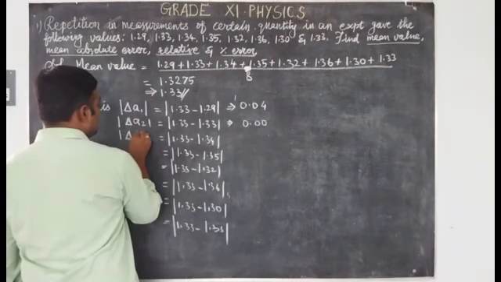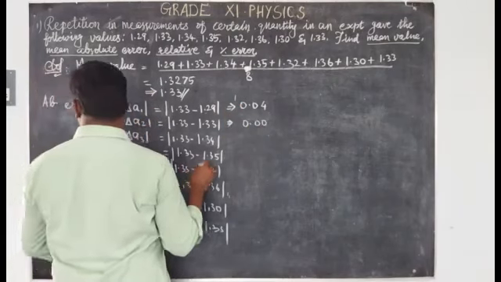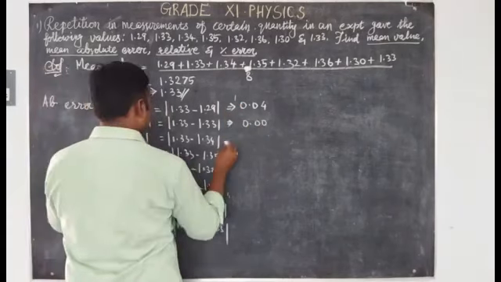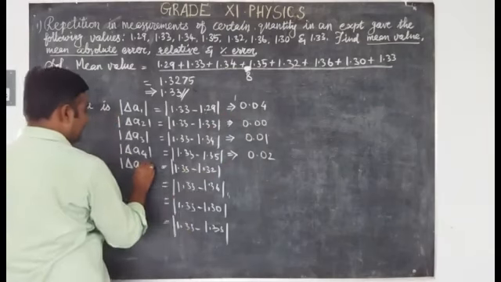Similarly, what is delta A3? It is 0.01, because minus only it comes, but minus and plus we consider only the plus. Then delta A4, what is the value? The difference is 0.02. These are all absolute errors. I am finding only the absolute error, so each one is an absolute error.